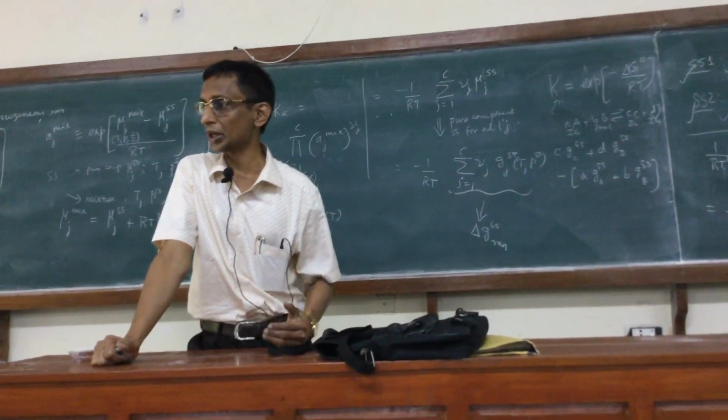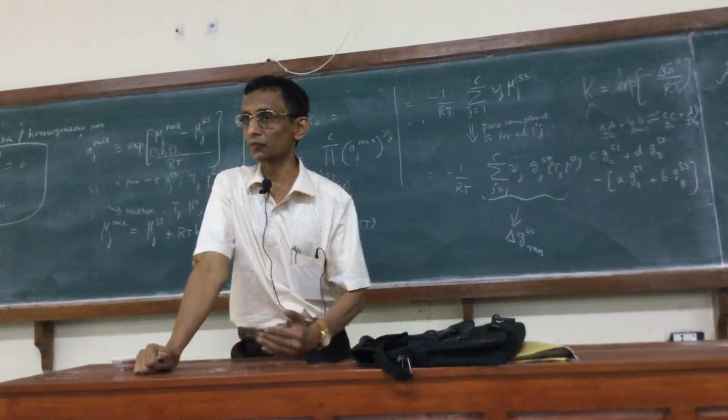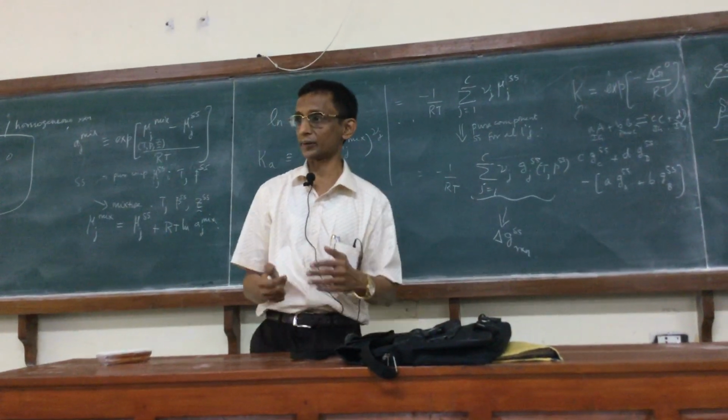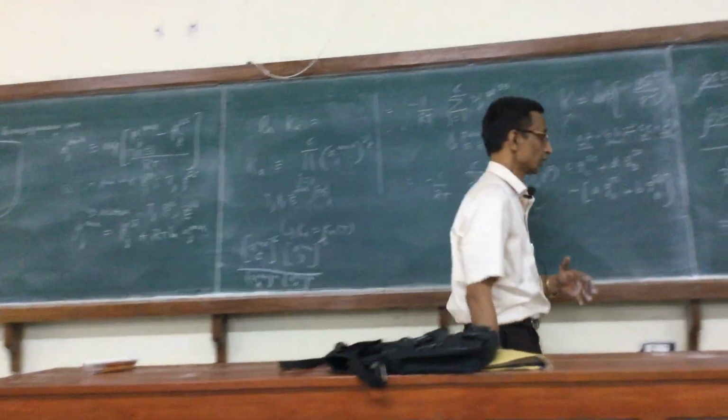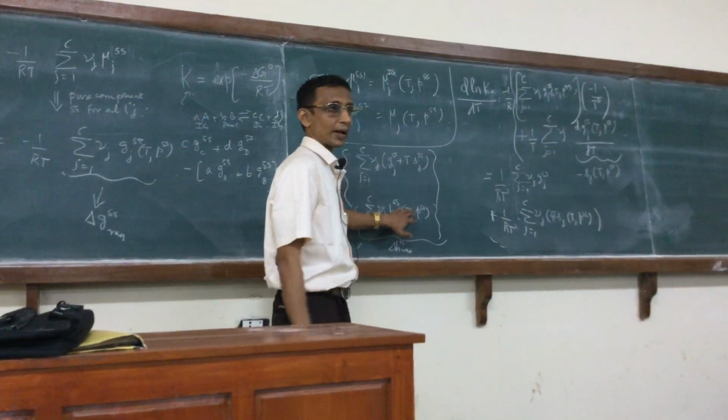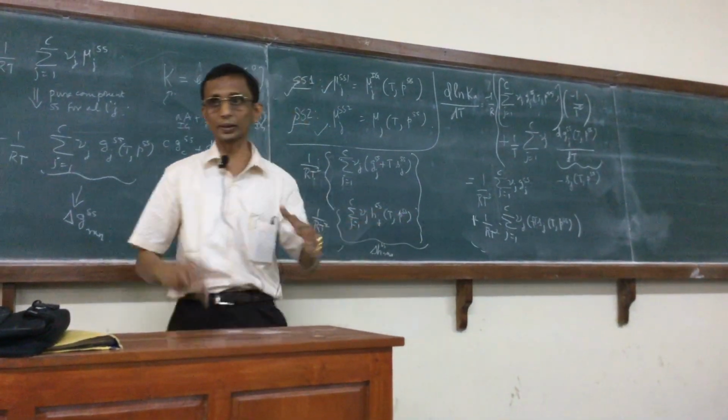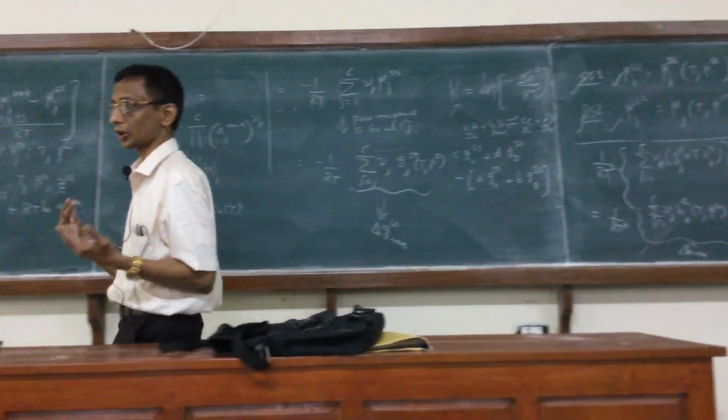Again, it's an enthalpy change because some of the stoichiometric coefficients will be negative, so it will look like a difference. That is the enthalpy change of reaction, evaluated at the temperature of the reaction. So clearly the right hand side also has to be a function of temperature alone.